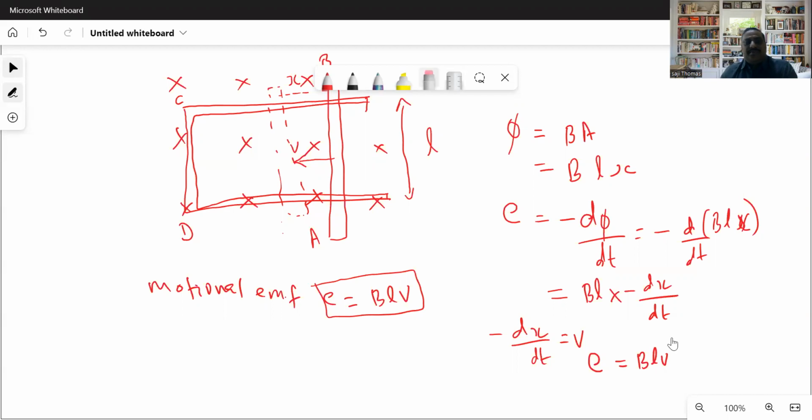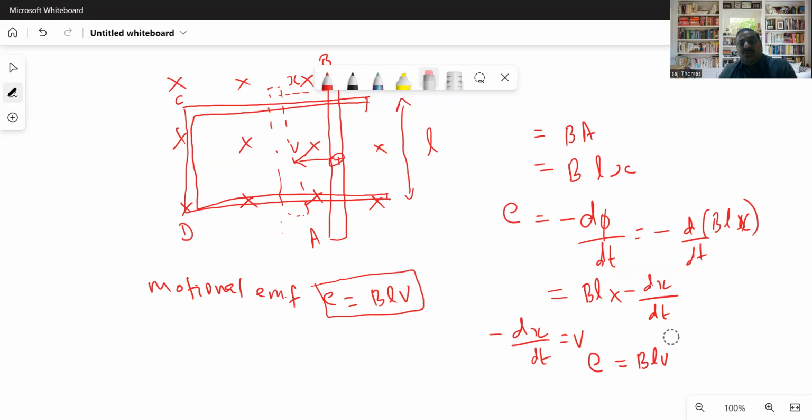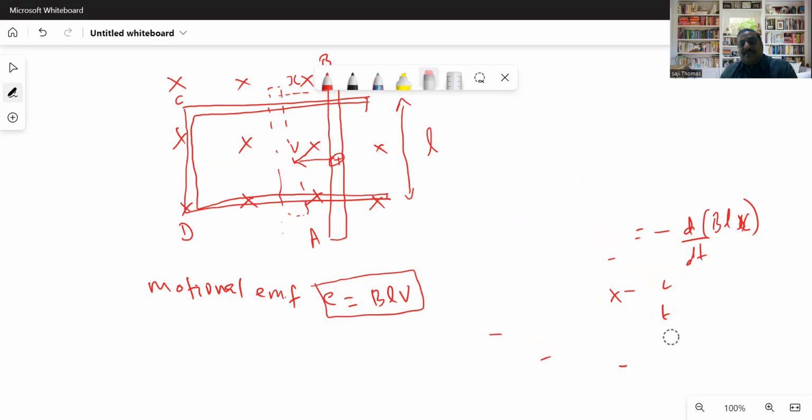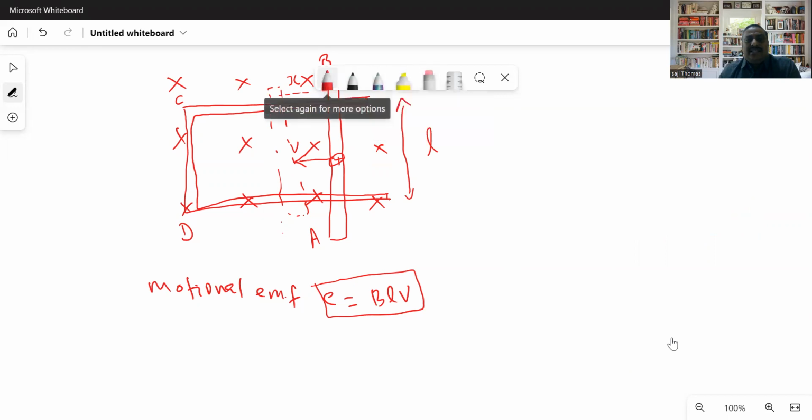Using the Lorentz force, suppose there is a charge on the conductor, a positive charge. When the conductor is moving, the charge is also moving, right? When a charge moves through a magnetic field, it experiences a magnetic force, F is equal to Q into V cross B. I mark the charge with a plus sign.